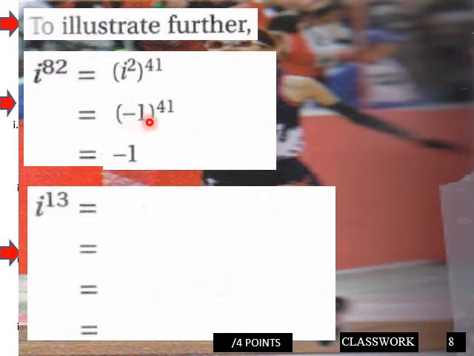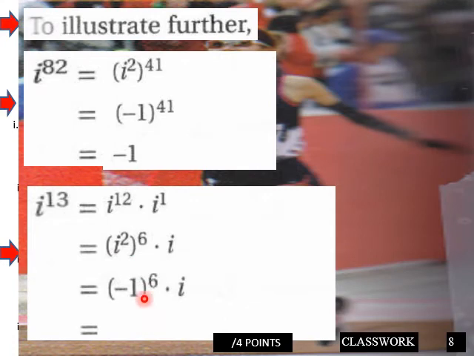And when negative 1 is to an odd power, it's negative 1. Now here, i to the 13th is i to the first power. This can become i squared to the 6th power times i, which is negative 1 to the 6th power, which will be 1 times i, which is i.